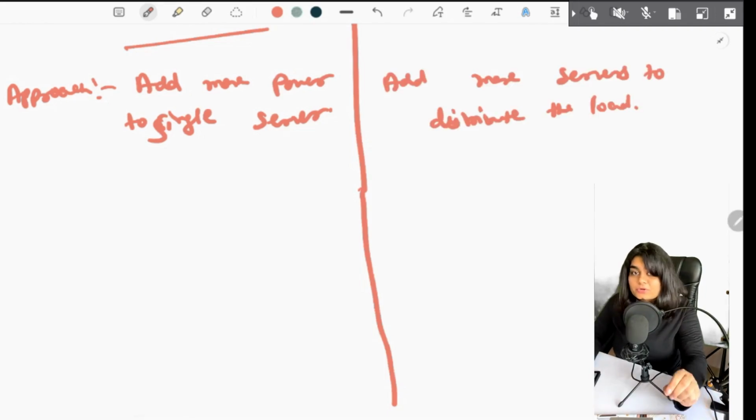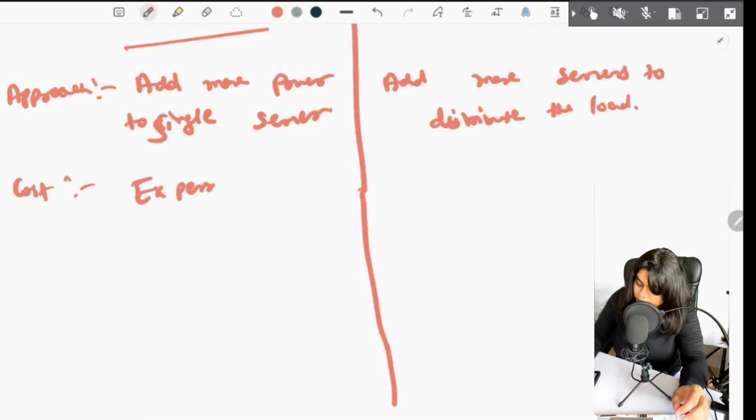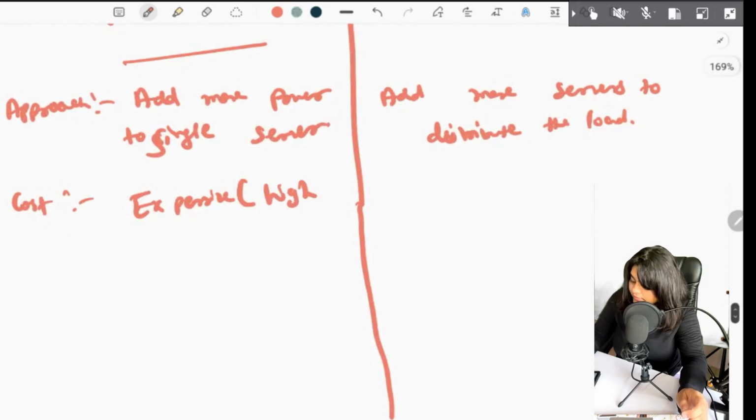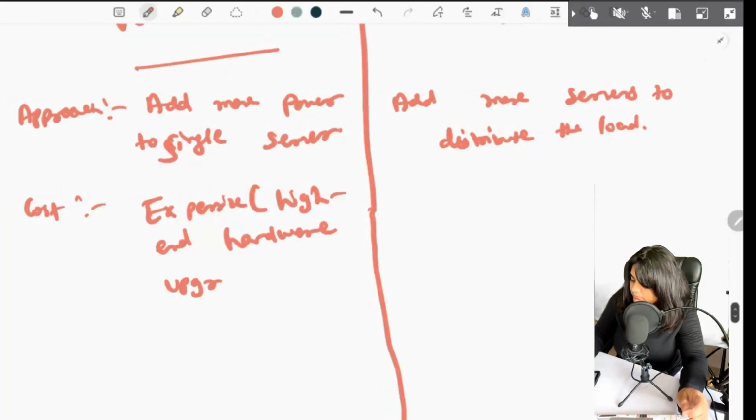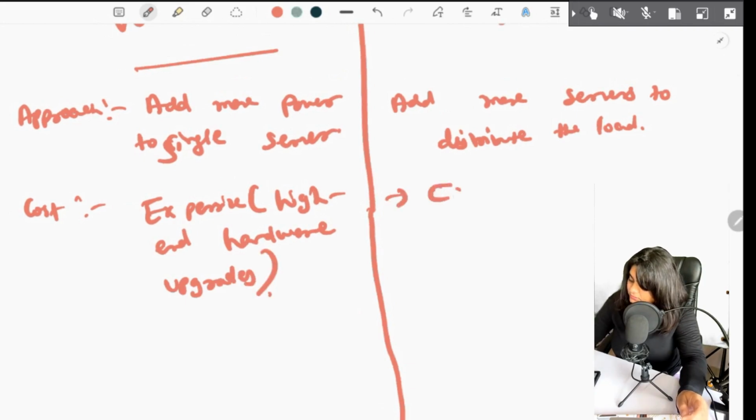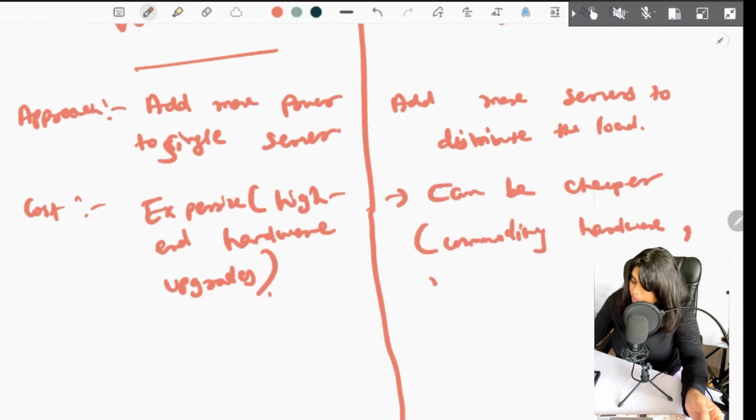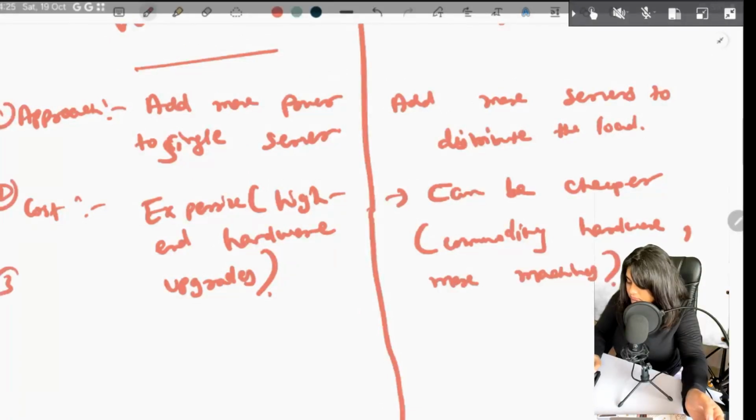Second, we are talking about the cost. Vertical is expensive because it requires high-end hardware upgrades. Horizontal can be cheaper, with commodity hardware and more machines.